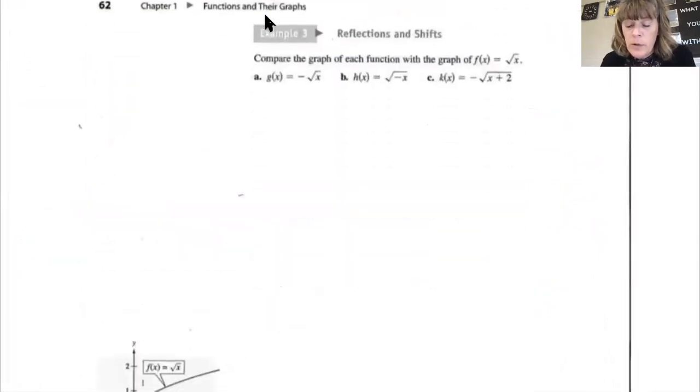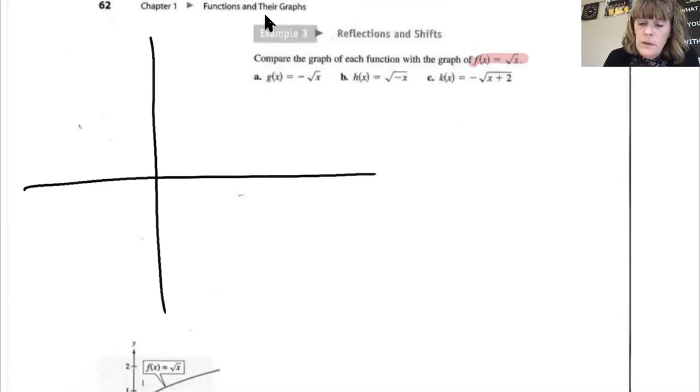Okay, so let's talk about some more reflections and shifts. We have this example 3 right here. We need to compare the graph of each of these with the general graph of f of x equals the square root of x. So let's graph that first. So that looks like this.